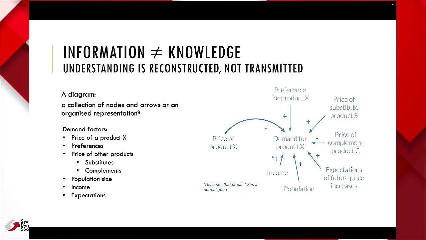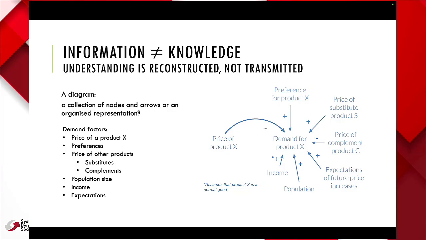The risk is that students will only see a group of nodes and arrows, and they will not really understand the meaning behind those arrows and behind the pluses and minuses. If you want students to understand a diagram like this and the causal relationships that it shows, you really have to go into the relationships and discuss the direction of the relationship, what kind of relationship it is, and also the magnitude of the relationship.